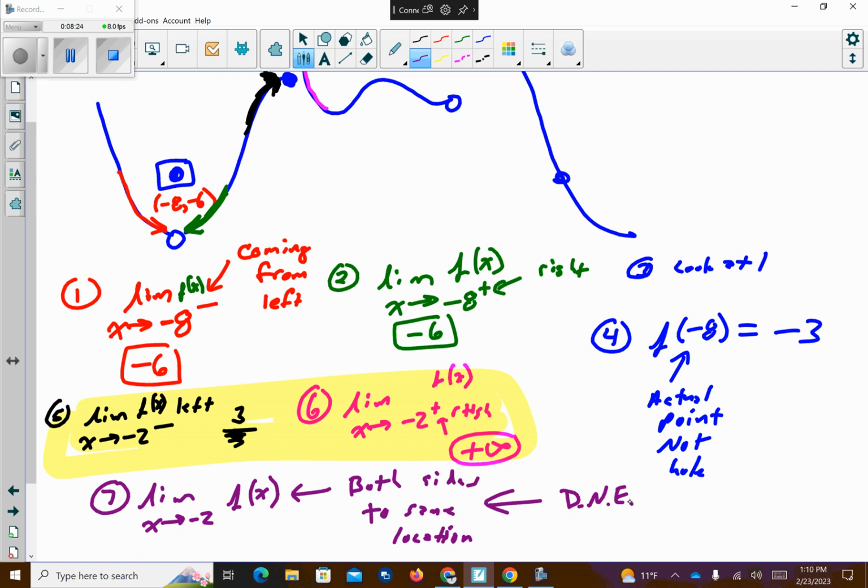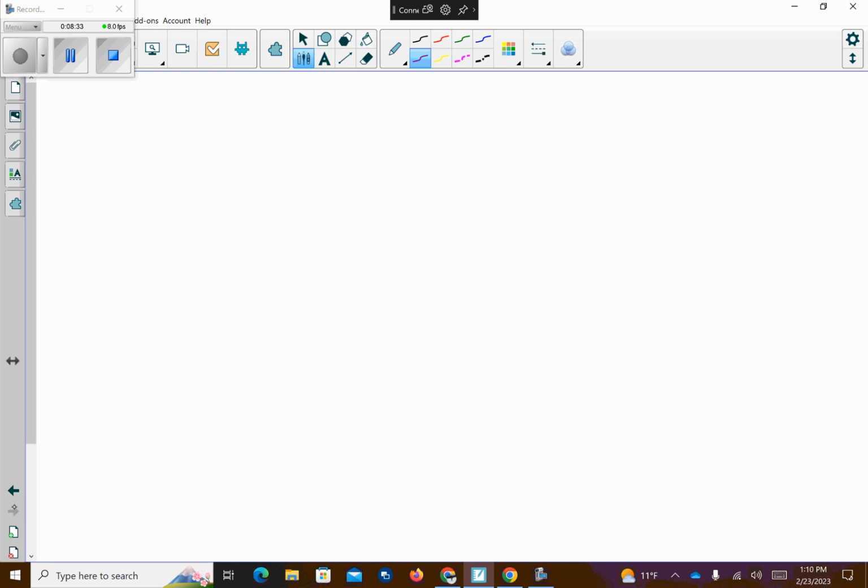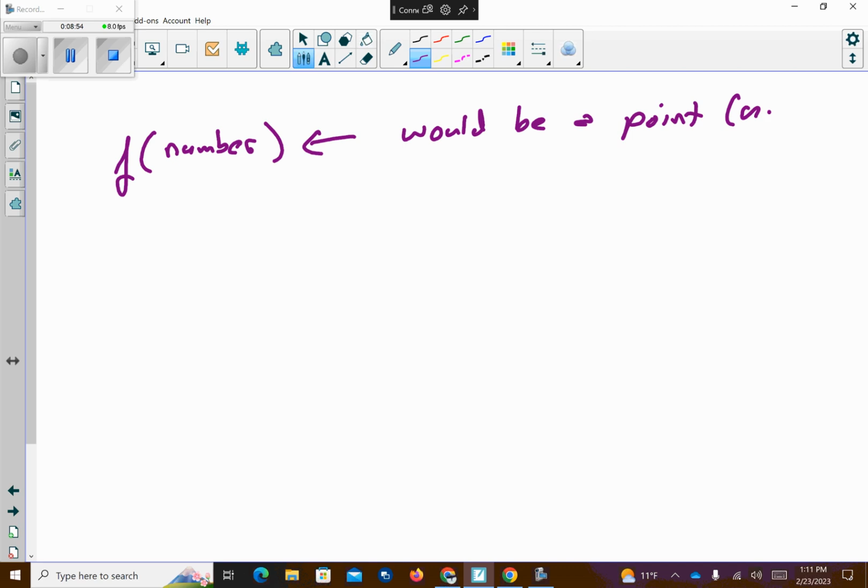Okay. So I think I can wrap this up as far as the graphing goes. Pretty easy. So things to know. If it says f at and we give a number, this would be a point. Not a hole.